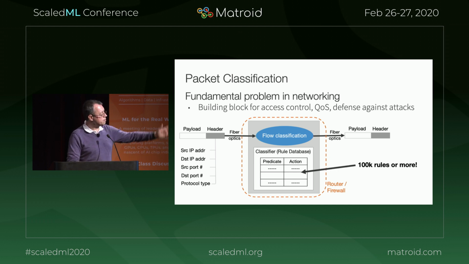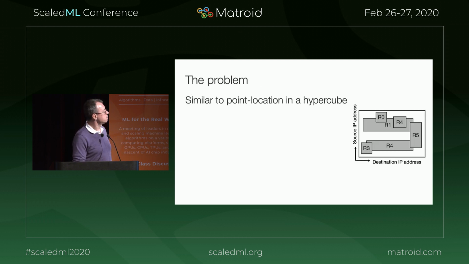The problem is that you have a lot of rules in general, and they have to be executed at line speed. You need to do this classification in microseconds. That's the big problem. This problem is similar to the point location problem in a hypercube.